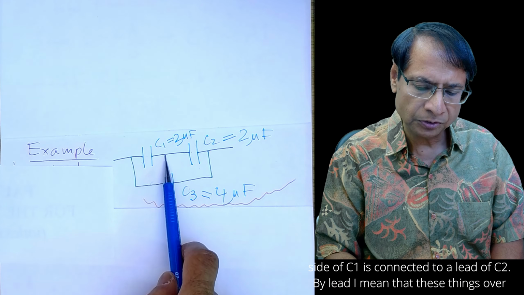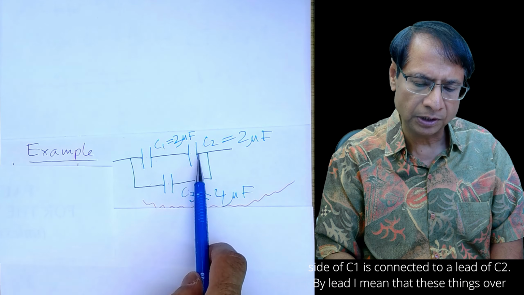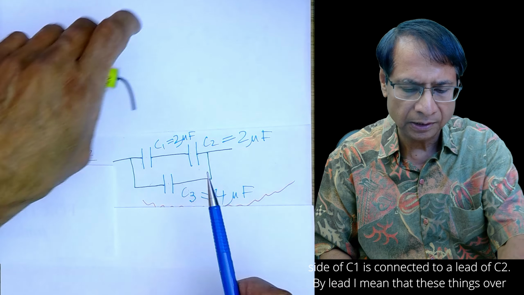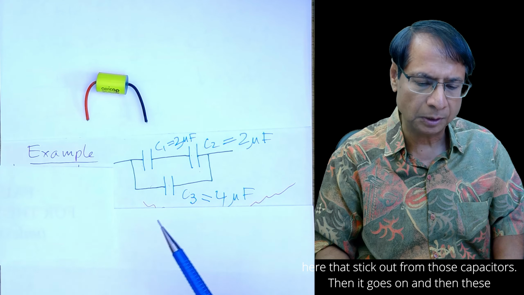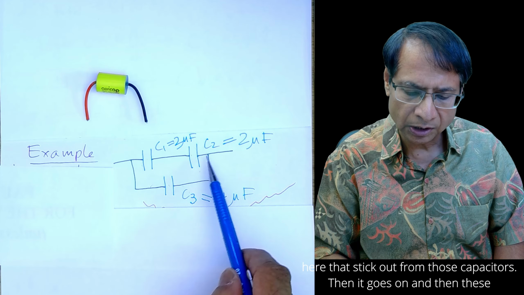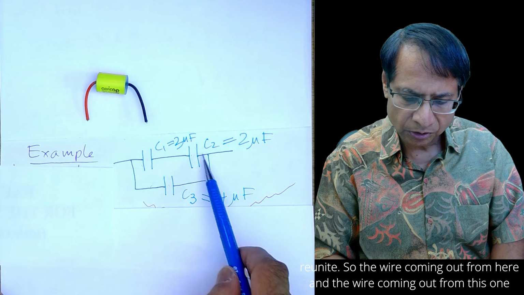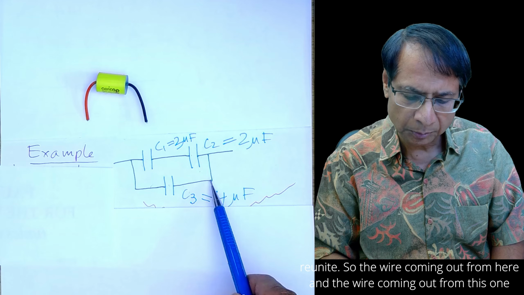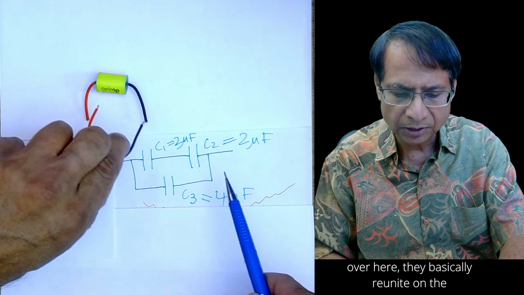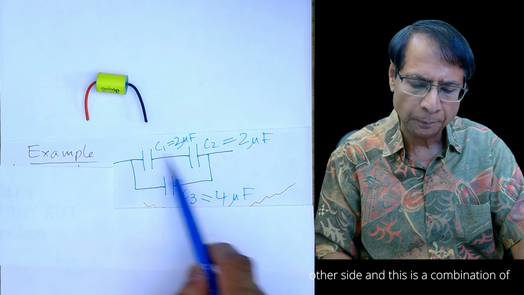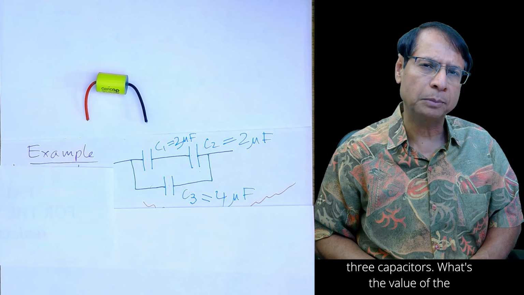The other side of C1 is connected to a lead of C2. By lead, I mean these things over here that stick out from those capacitors. Then it goes on, and then these reunite. The wire coming out from here and the wire coming out from this one over here basically reunite on the other side. And this is a combination of 3 capacitors.